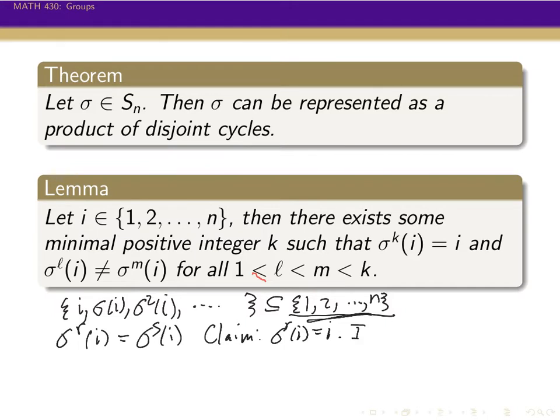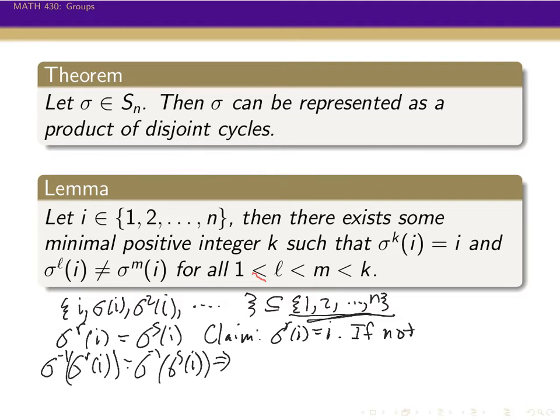So if not, and sigma r of I is some number other than I, well, then I can apply the inverse on both sides of this. I can do sigma inverse on sigma r of I and sigma inverse on sigma s of I. Since these are equal, and sigma is a permutation, so it has an inverse.